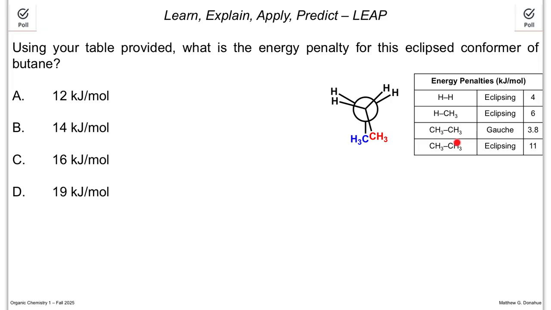We go to the table to define them, grab the energy values. So we have HH, HH, and then methyl, methyl. And so that's going to get us to plus 19. So that's the highest of the four.